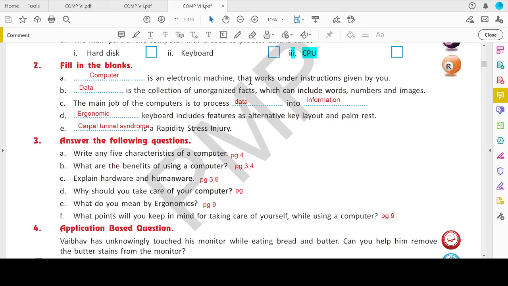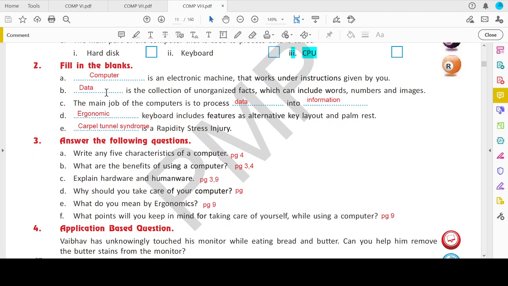So the electronic machine is the computer. A computer is a system that has so many electronic devices attached to it: the input devices, output devices, and the storage device. All these devices make the computer system. It's an electronic machine that works under the instructions given by you.